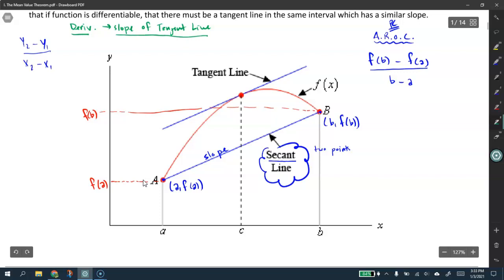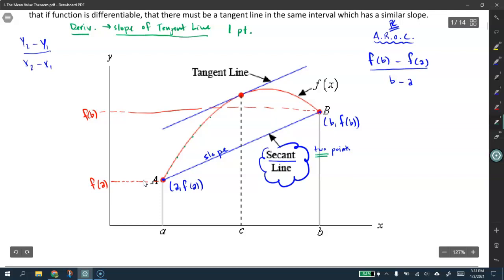What happens is you're moving along this curve, and you're trying to create such a tangent line. You need to make sure that the tangent line only touches at one point, not at two points, but at one point.